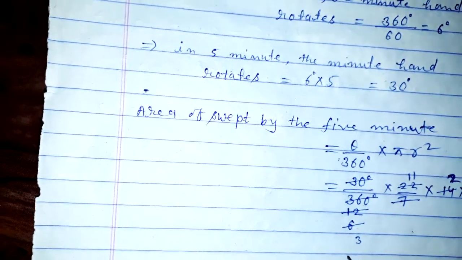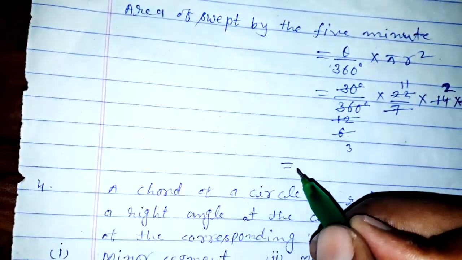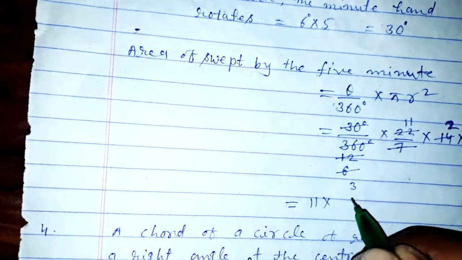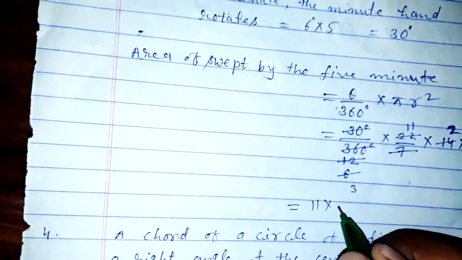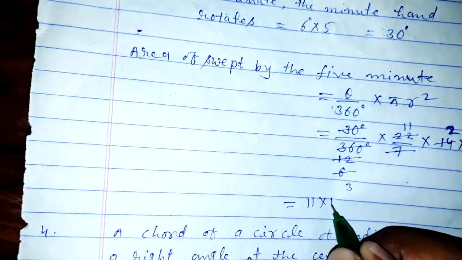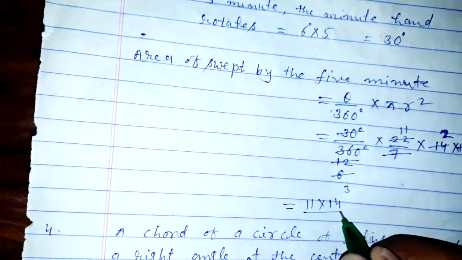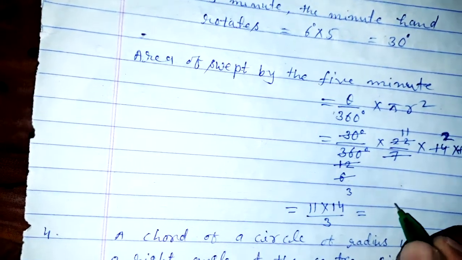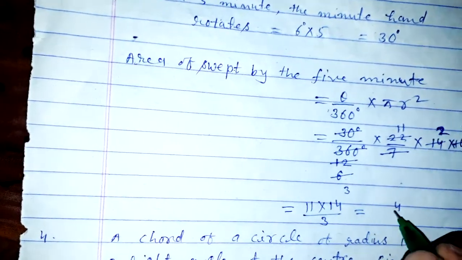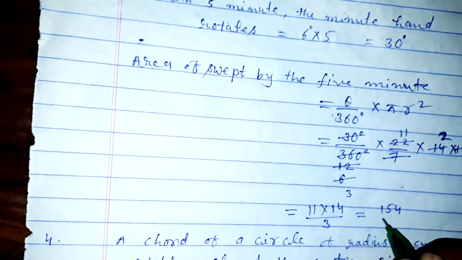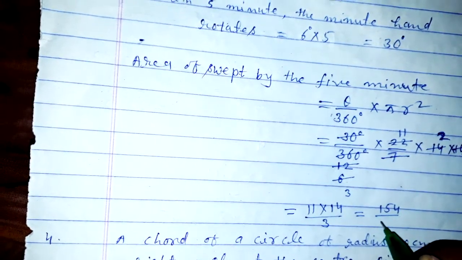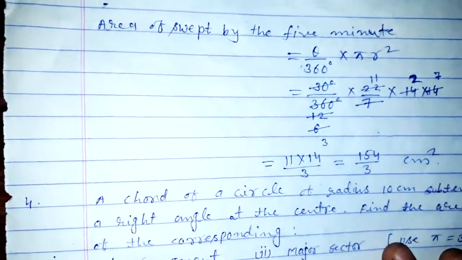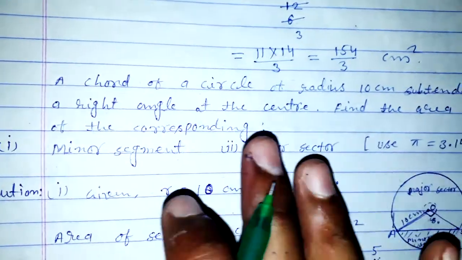So here 11 into 7 into 2 is 154 upon 3 centimeter square. Next question, the fourth question.